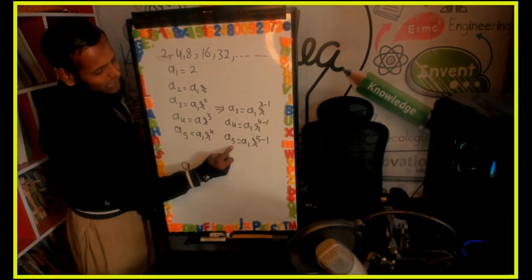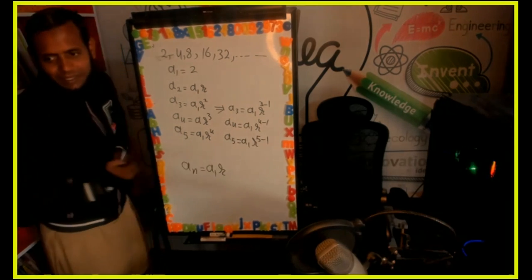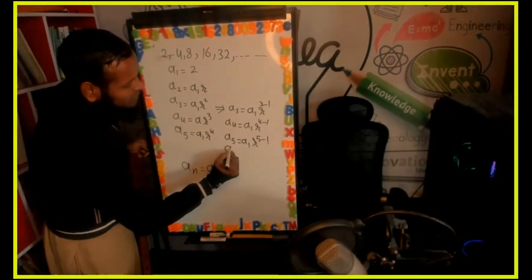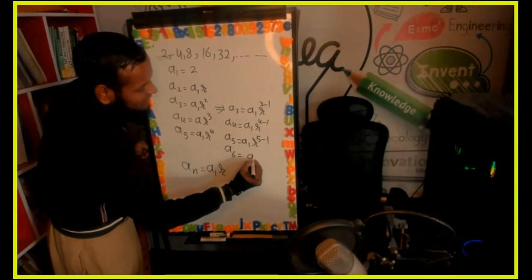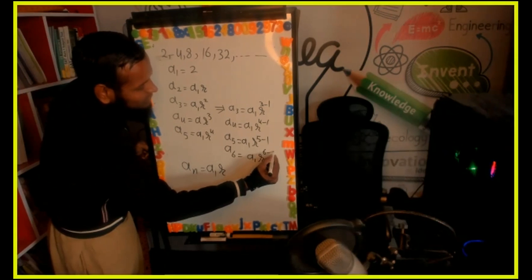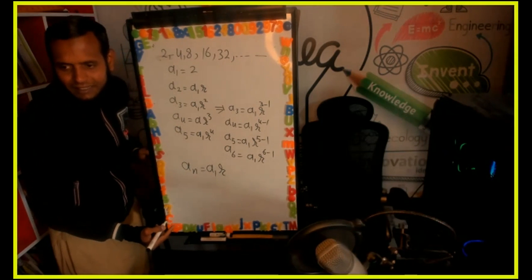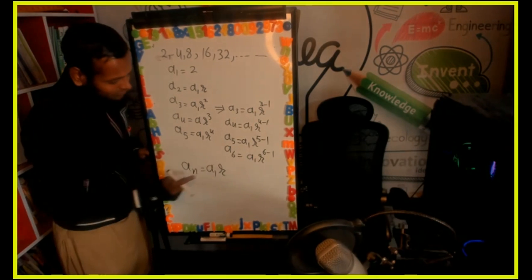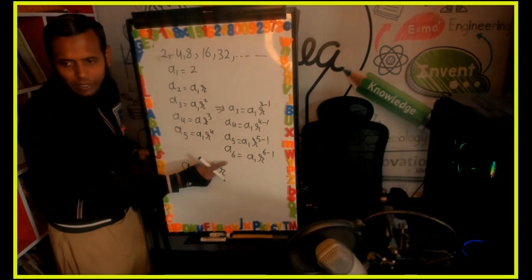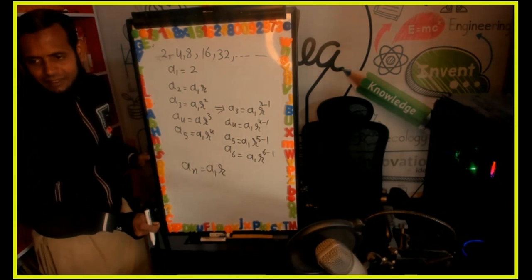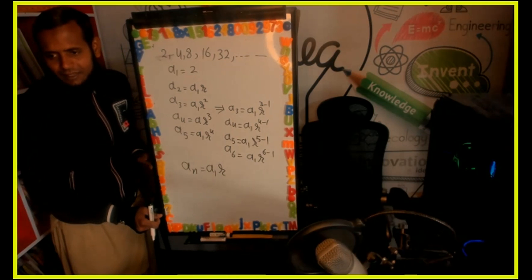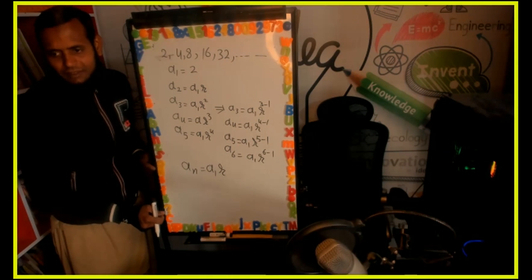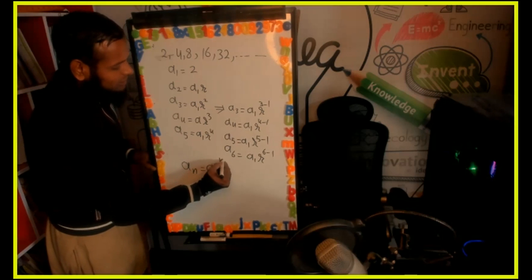If there is A6, then we write A1 R to the power 6 minus 1. If here is N, what will be the power of R? N minus 1. Yes, good, great.